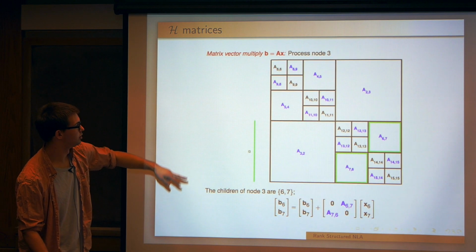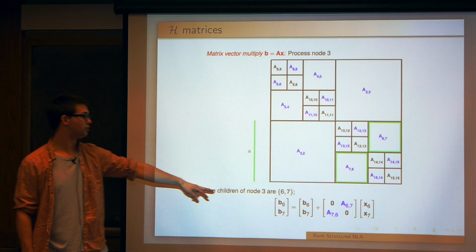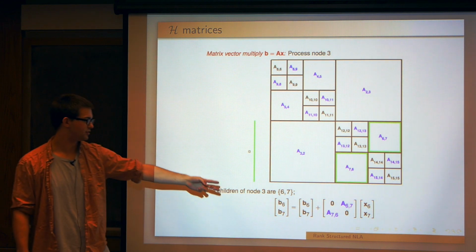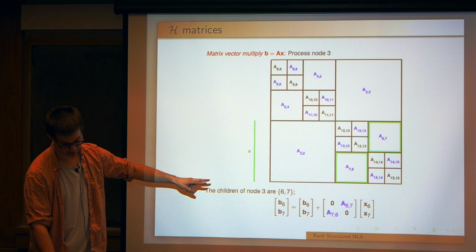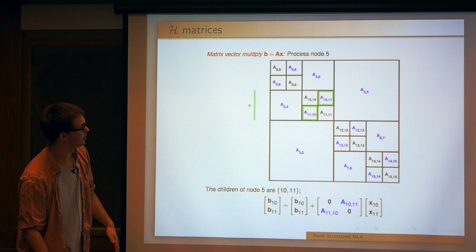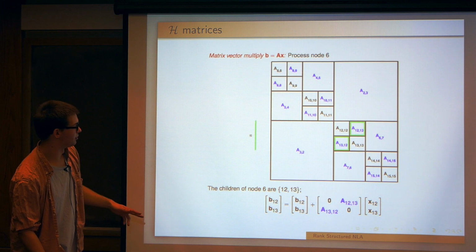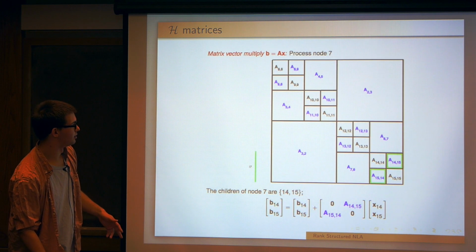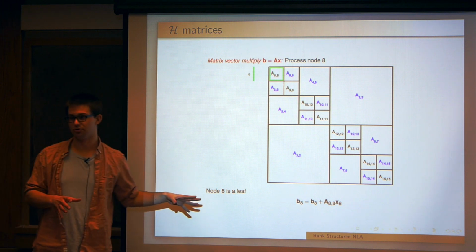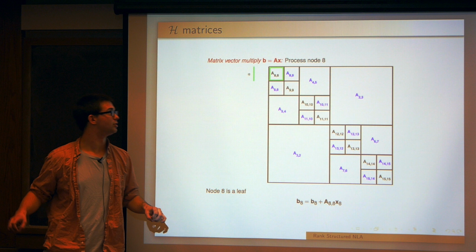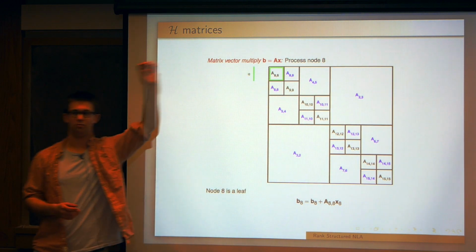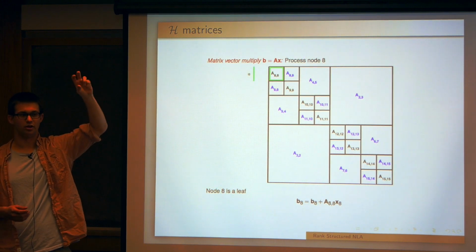Now we get the rest of it, and we see that the children of node 3, from our tree, are 6 and 7. And this gives us another part of our B vector. I won't bore you with all the steps, but you go down to the final level, and the final level. And then when we get to the very bottom, it is different, because these are now leaf nodes, which is what you call nodes at the very bottom of the tree. So now we can get the entire part of that vector.